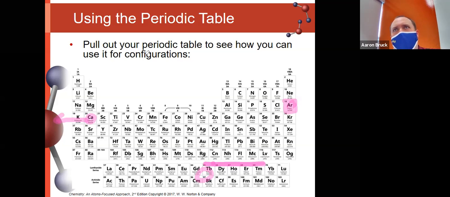We don't go forwards because we have no way of showing the electrons that aren't present. The difference between krypton and calcium is 16 electrons. How do we show that those 16 electrons aren't there? We don't have a real good way of doing so. But if we go back to argon, argon has 2 fewer electrons, and we can say, okay, these are where those 2 electrons are. They're in the 4s orbital.